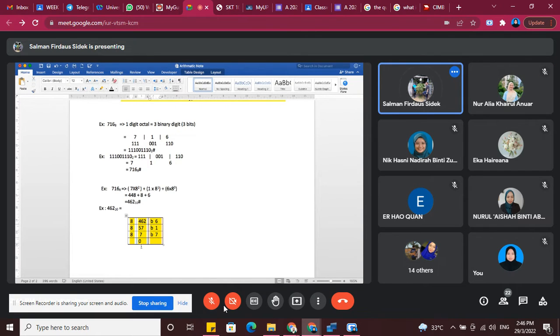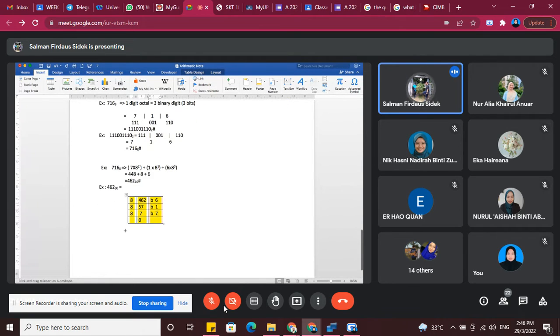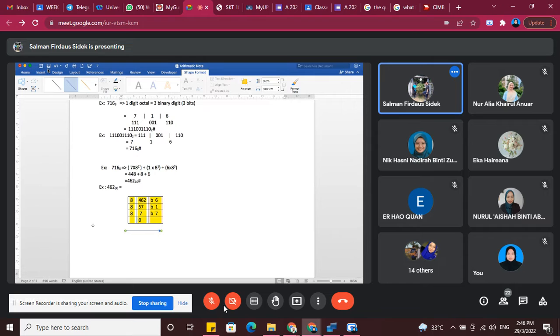So read from here to here. This is how we read it.